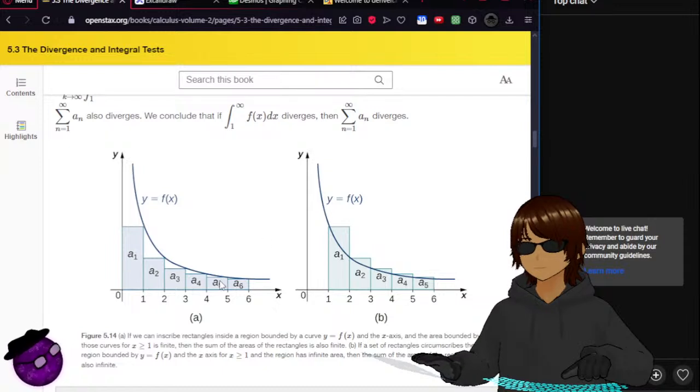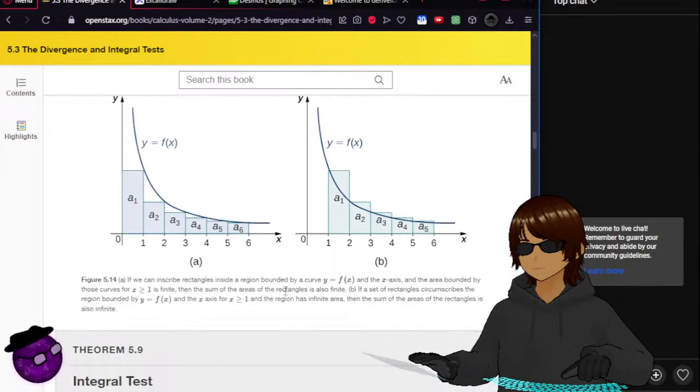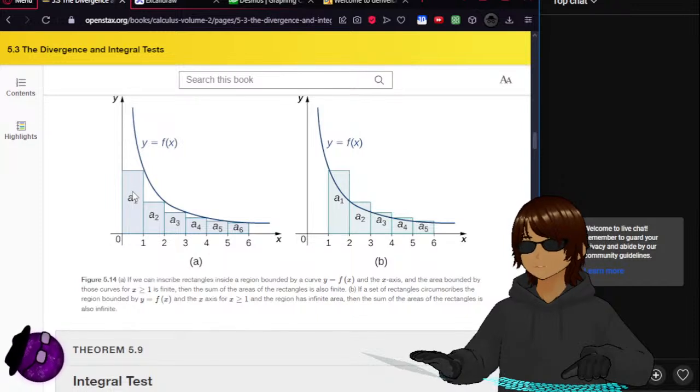So the sum to infinity is from 1 to infinity, a1, and so on, the partial sum. So we are adding the lower bound, the upper bound, and the integral is in between.